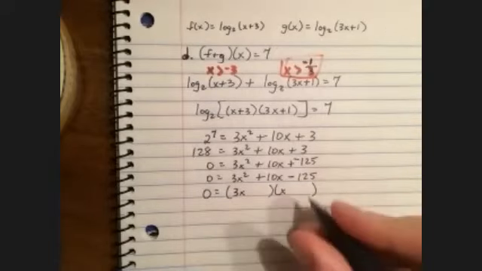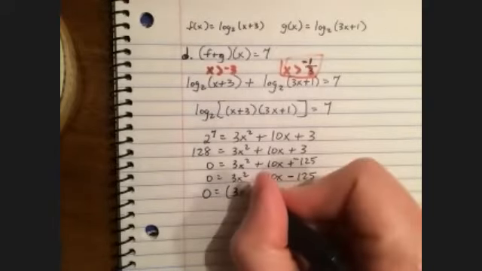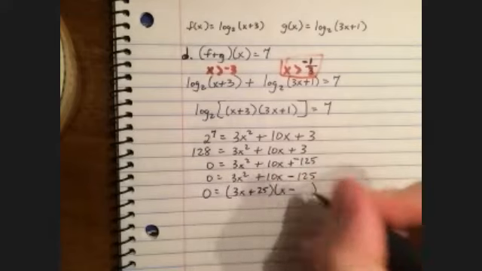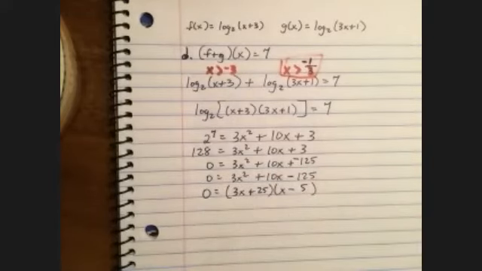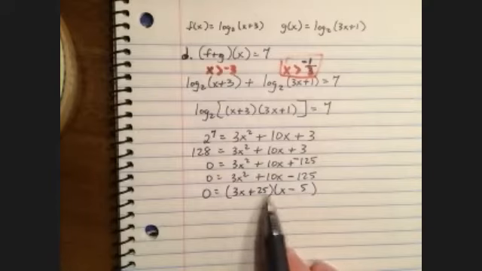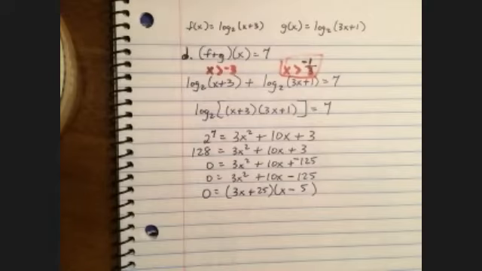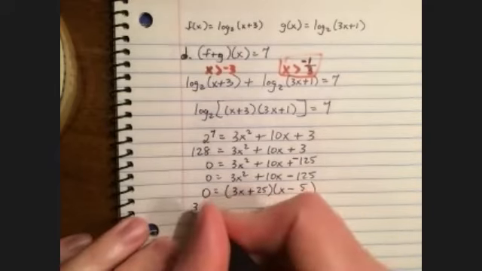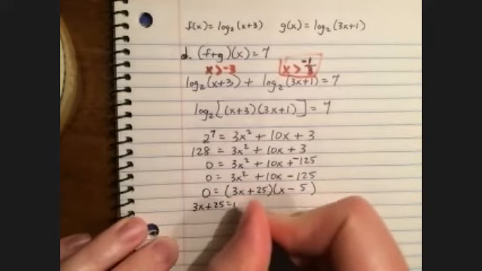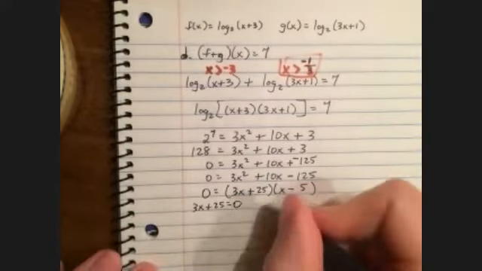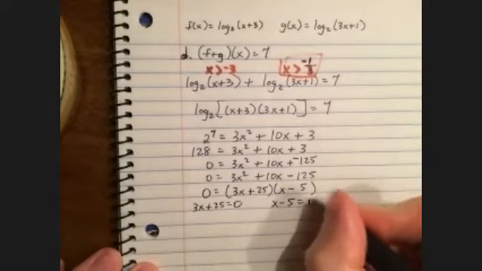It looks like if we were to go plus 25, minus 5, because this would give us 25x and that would give us negative 15x. So yeah, that'd work. 25 minus 15 would give us our 10x, and 25 times negative 5 is negative 125. So when is 3x plus 25 equal to 0? When is x minus 5 equal to 0?